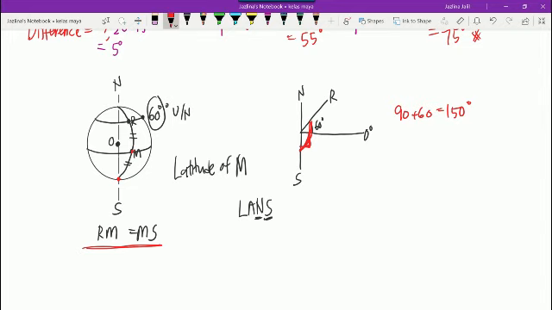It is two equal parts, so what should you do? Yeah, you just need to divide it by 2. Okay, so after you divide it by 2, you'll get 75. Means that from R to M will be 75 degree. So from this R to M, it will be 75 degree.